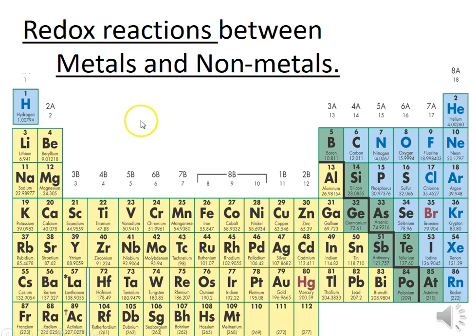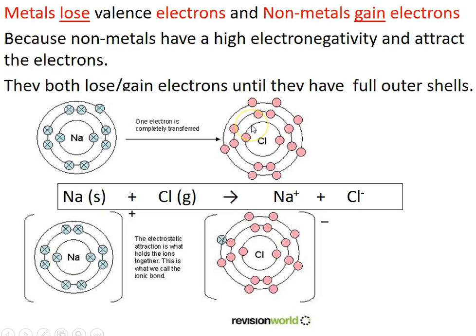So the first example is the classic one between metals and non-metals. All the metals over here lose electrons and give them to the non-metals over here. The reason that metals lose their valence electrons, and it's valence electrons that we're talking about all the time, and non-metals gain them is because non-metals have a higher electronegativity. They are more attractive to electrons because they have a higher core charge.